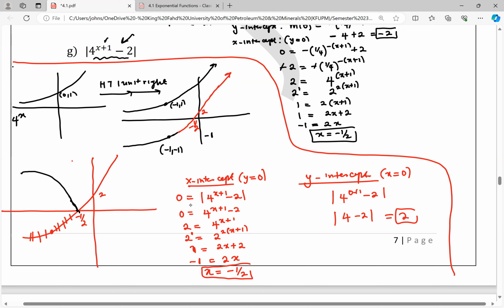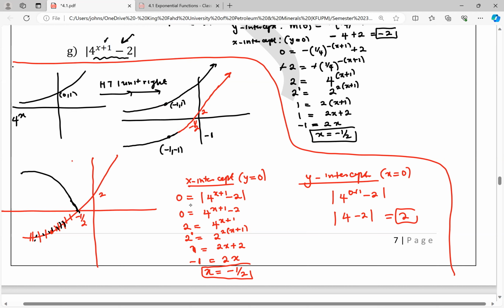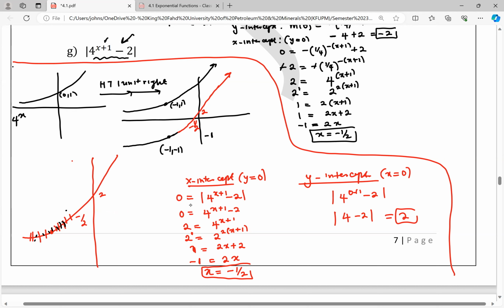So this is just the reflection. Look at this part that's shaded here. Because it's below the x-axis, you just reflect it across the x-axis, and it will be something like a curve here. So it means we have our curve.